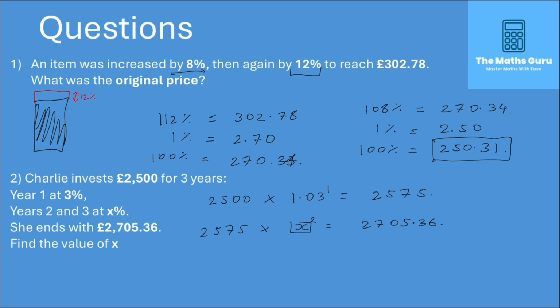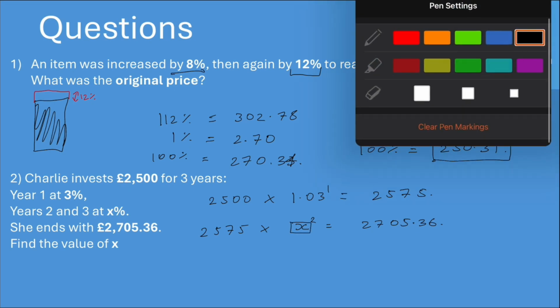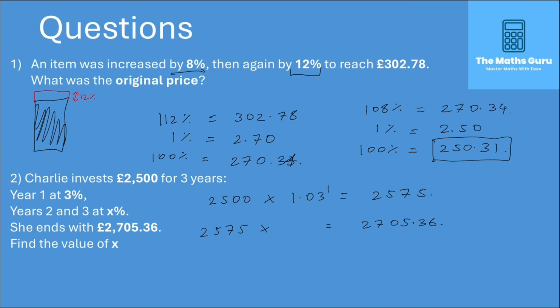In this case, x is going to be the percentage multiplier, so I'm probably better off writing this as percentage multiplier p squared. To solve for p squared, we need to divide through by 2,575. We get p squared equal to 1.0506. To solve for p, we need to square root both sides, and this is going to give us p equal to 1.025.